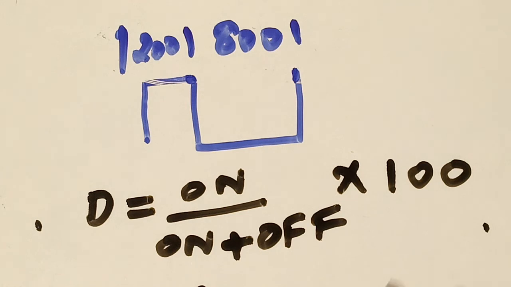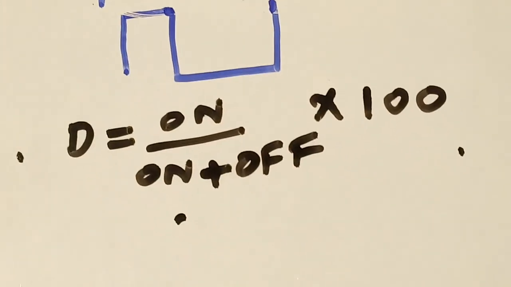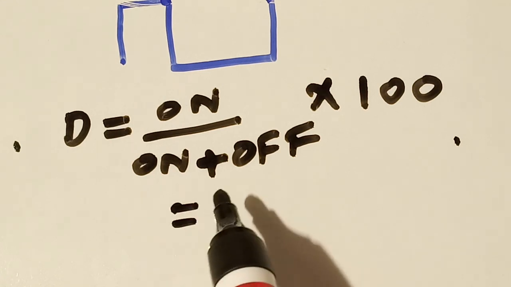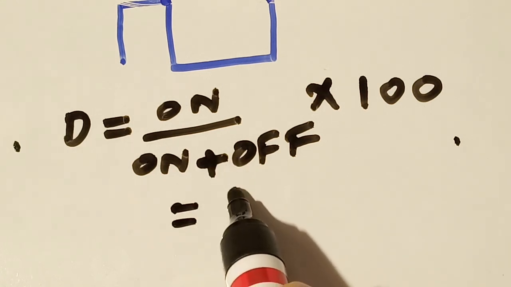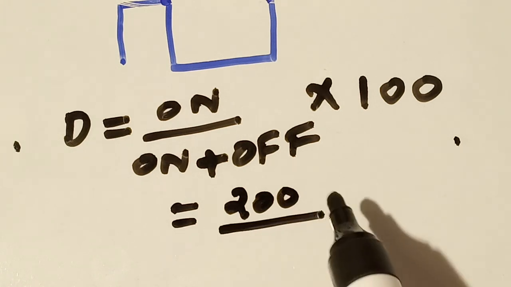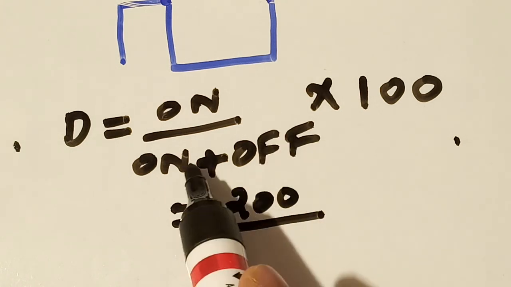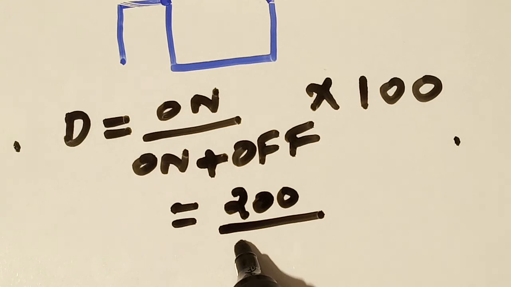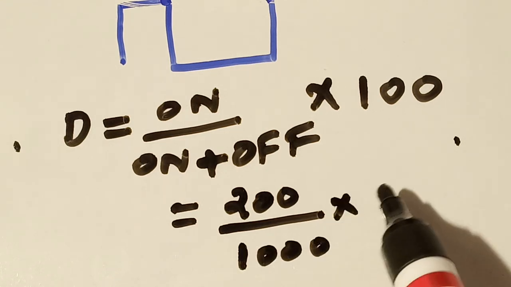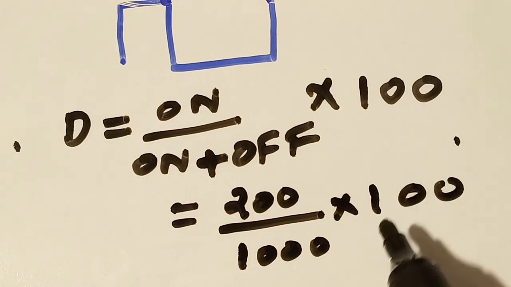This will give the percentage of the duty cycle. Here on time is 200 microsecond divided by on time plus off time, 1000 microseconds, multiplied by 100.